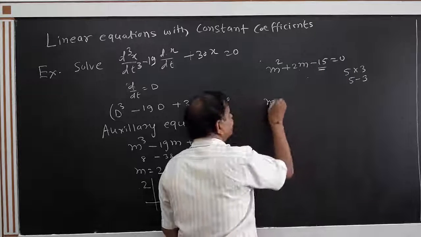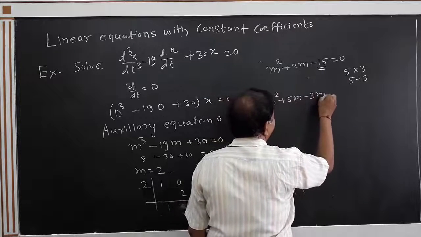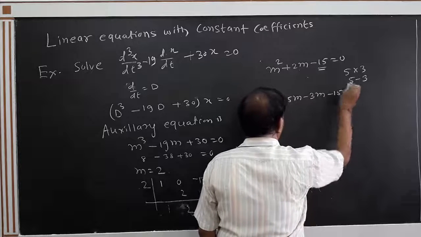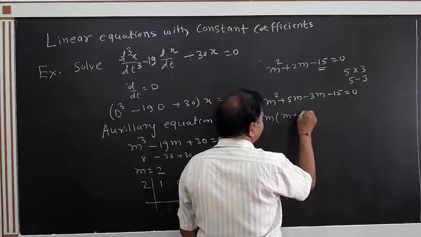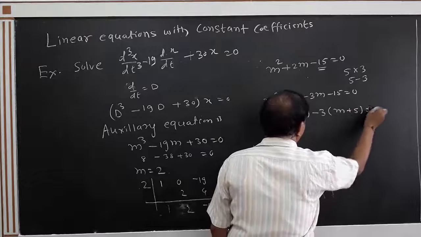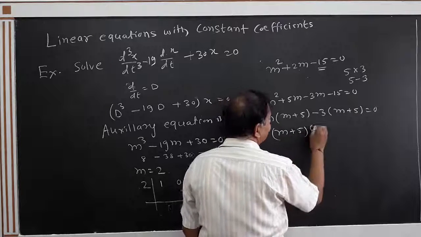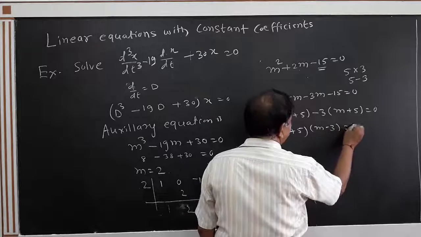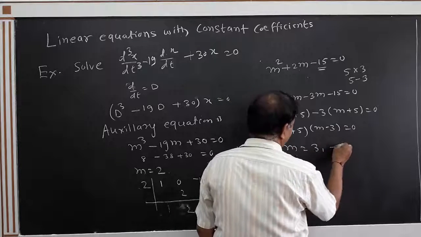Therefore, m square plus 5m minus 3m minus 15 equal to 0. m is taken common, minus 3 is taken common, m plus 5 equal to 0. Therefore, (m plus 5) into (m minus 3) equal to 0 and m equal to 3 and minus 5.